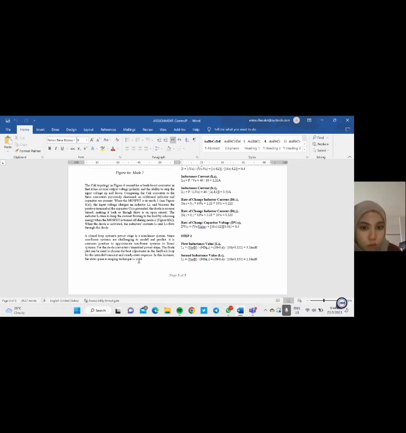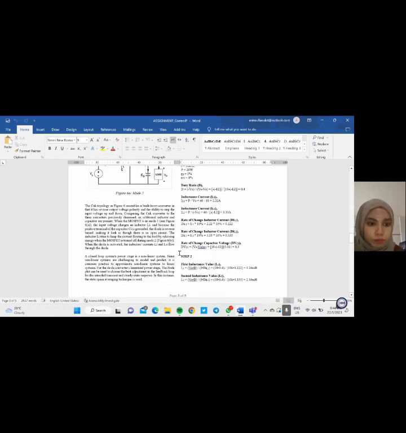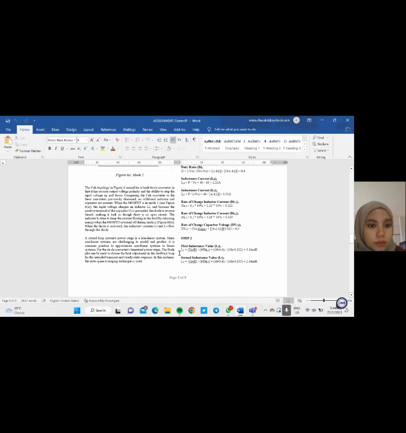In mode 1, the input voltage charges inductor L1, and because the positive terminal of capacitor C1 is grounded, the diode is reverse biased, making it look as though there is an open circuit.